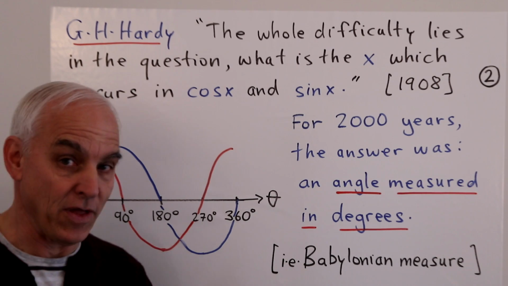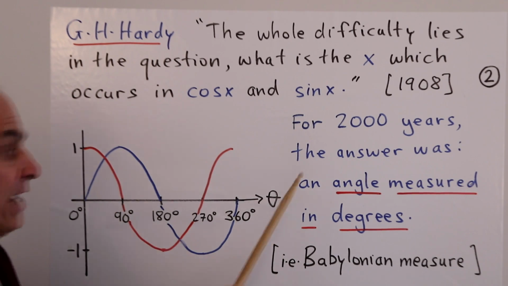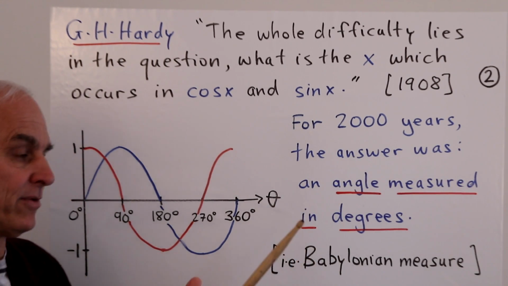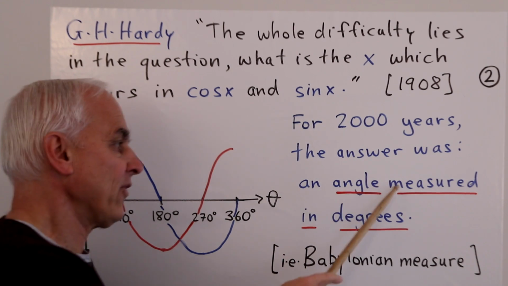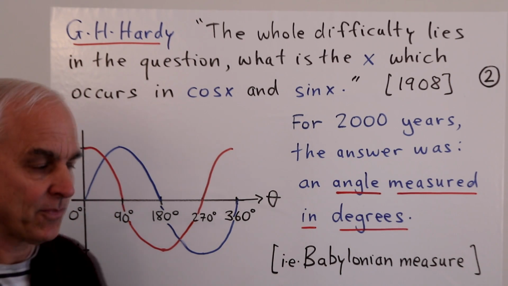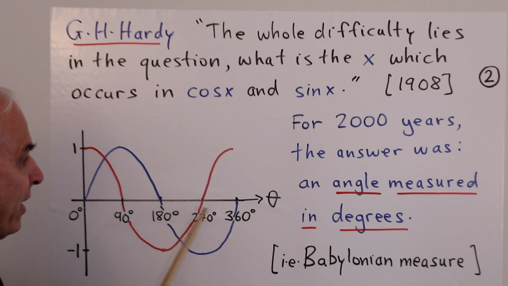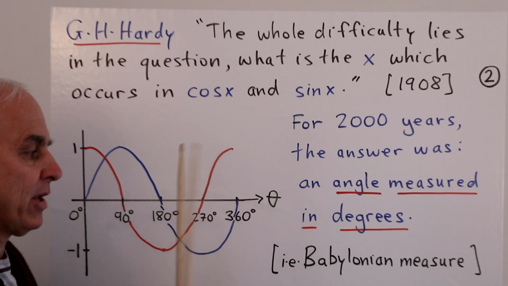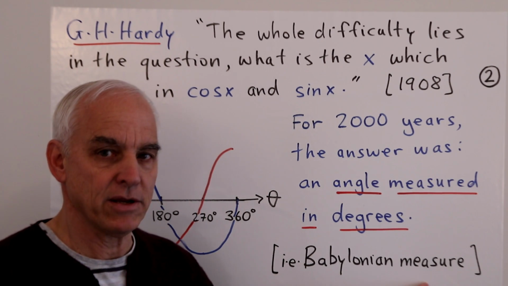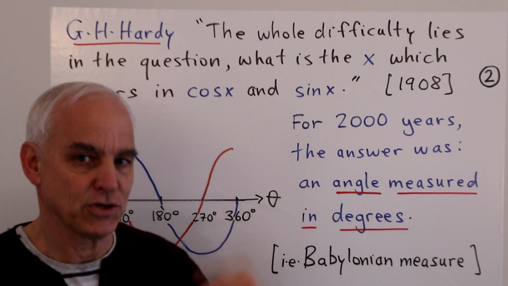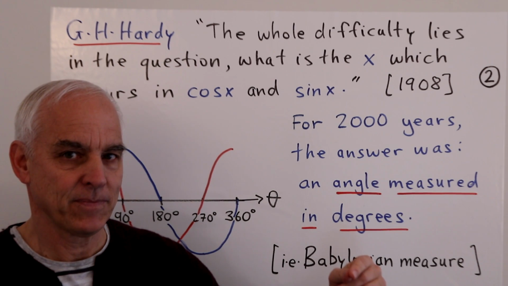So let us recall that for 2,000 years, the answer to the question, what is an angle, is that an angle is something that's measured in degrees. We are measuring the way around the circle using the old Babylonian system from 0 to 360.